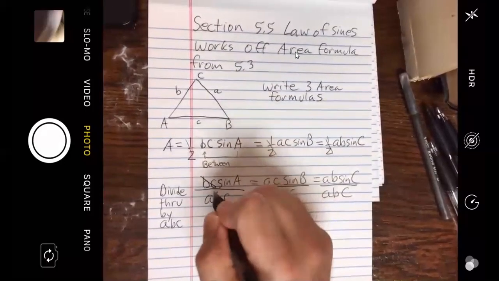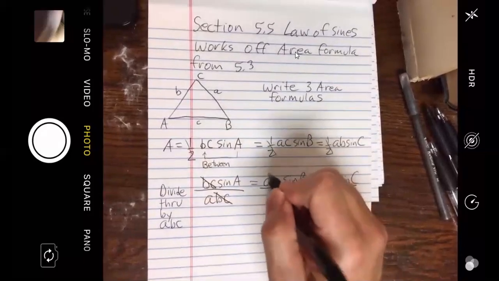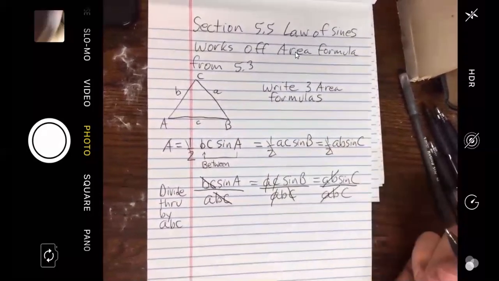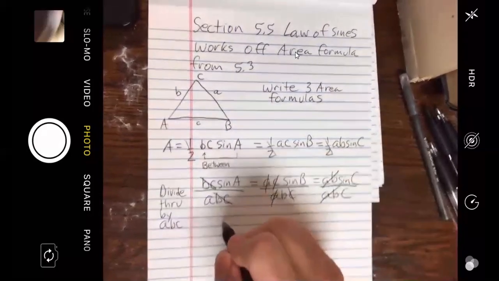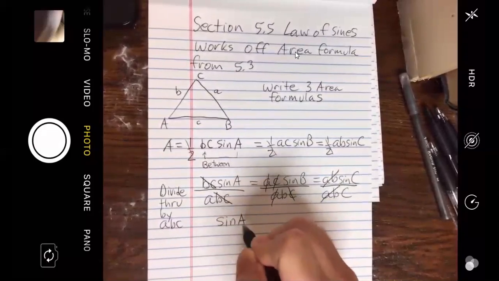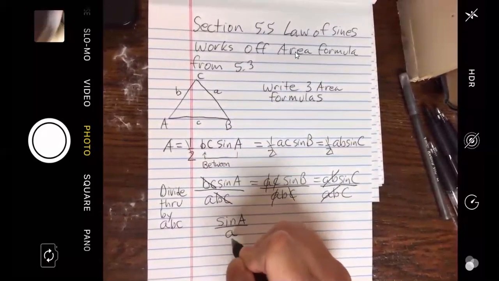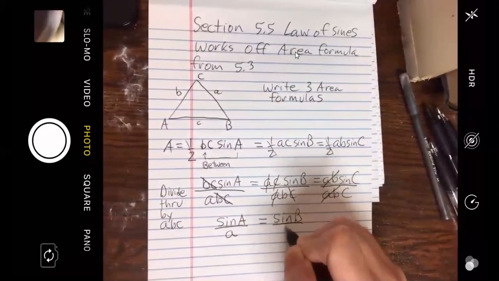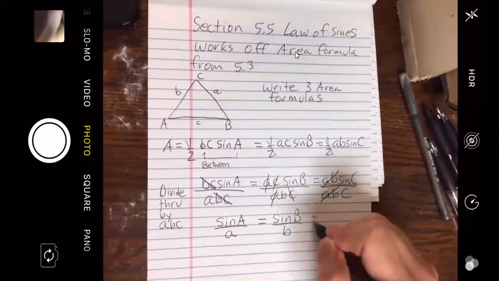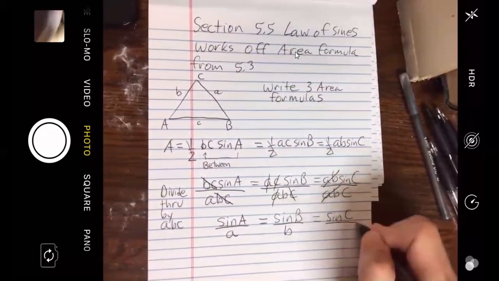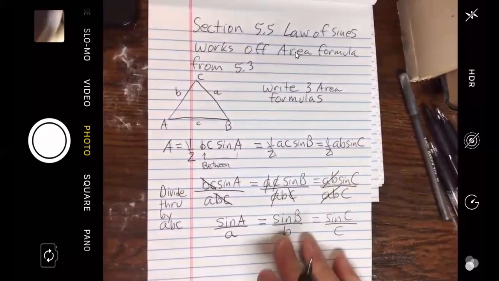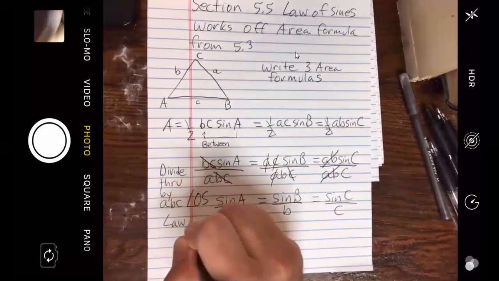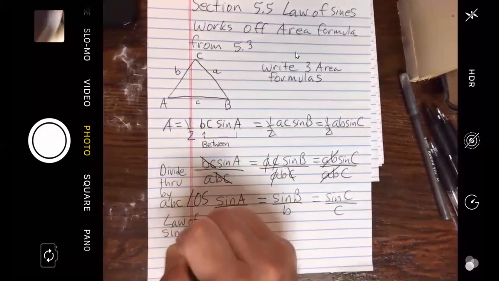Cancel your letters. BC there. AC, A and C. AB here, AB here. And voila, a sine of an angle over its opposite side is equal to the sine of any other angle over its opposite side, equal to the sine of its angle over its opposite side. Law of sines, I'll call it LOS.